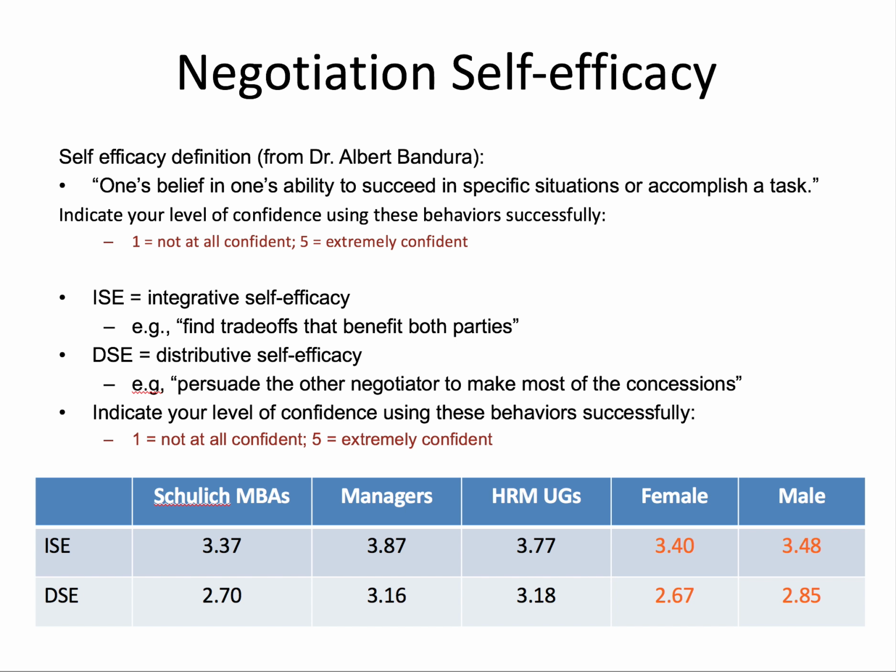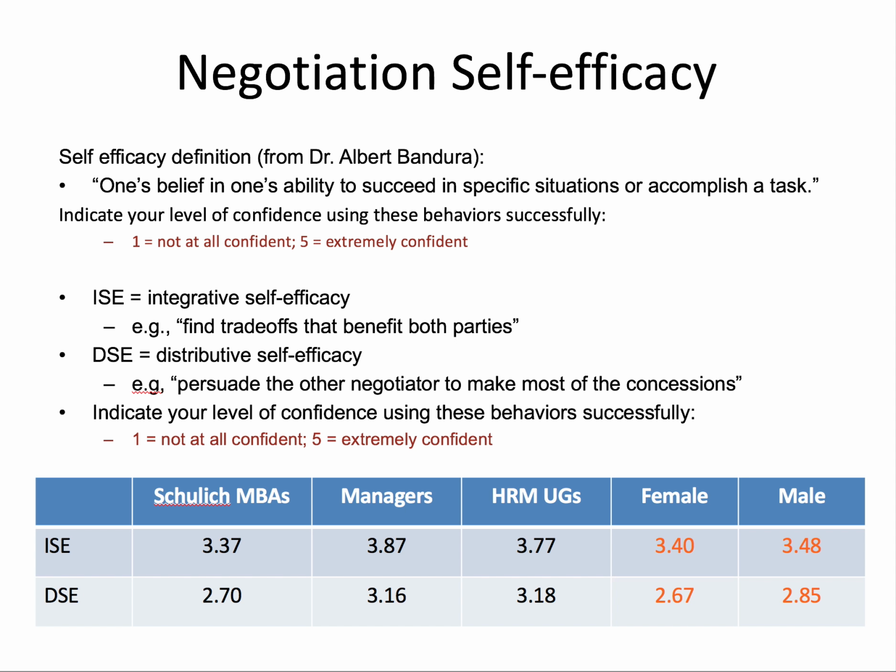Whereas distributive self-efficacy is our confidence in our ability to value claim, the part of the negotiation where you have to divide up the resources and be able to acquire the resources that you're entitled to, or be able to claim as much value as possible. So how confident are you that you can persuade the other negotiator to make the most concessions?